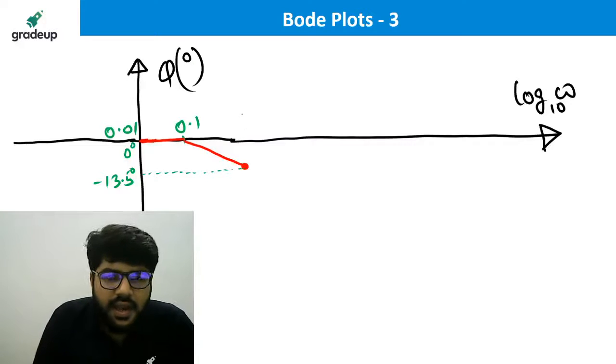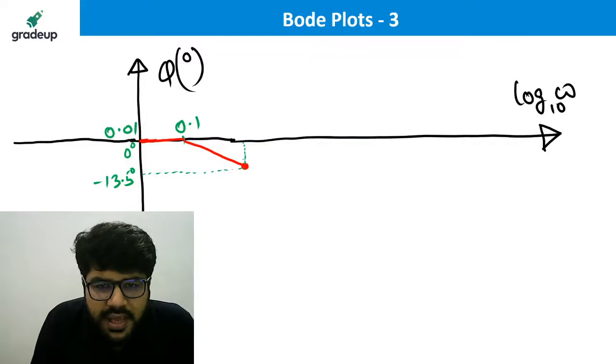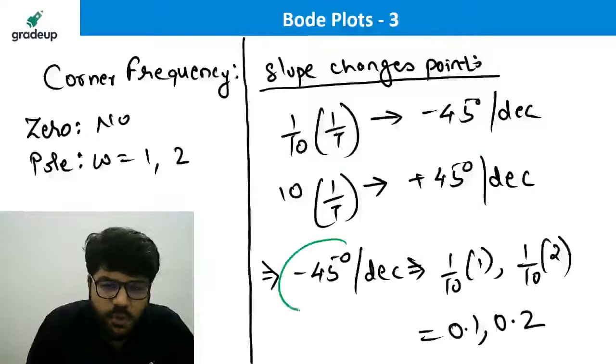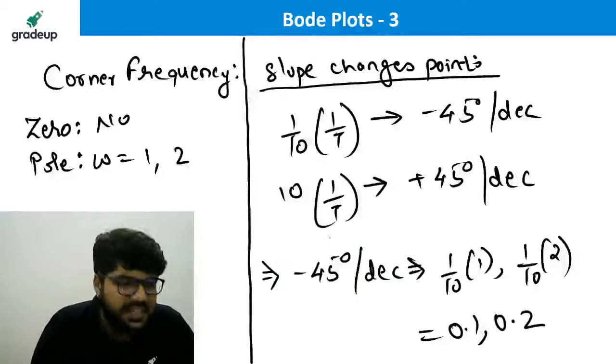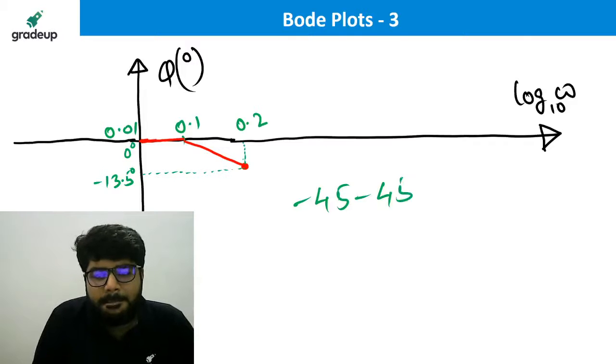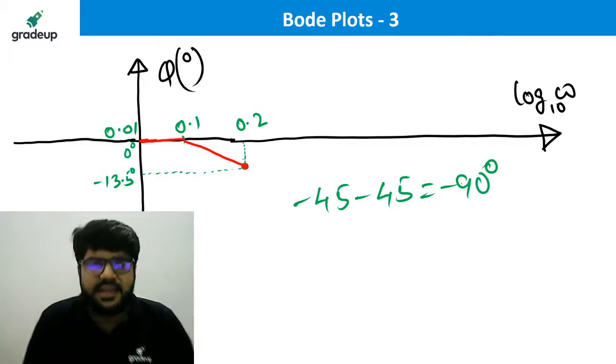All right. Now, this corresponds to the next slope change point 0.2, and at 0.2 the nature of the slope change is again negative. So minus 45 becomes minus 90 degree.